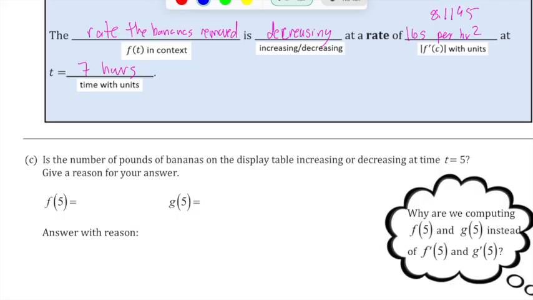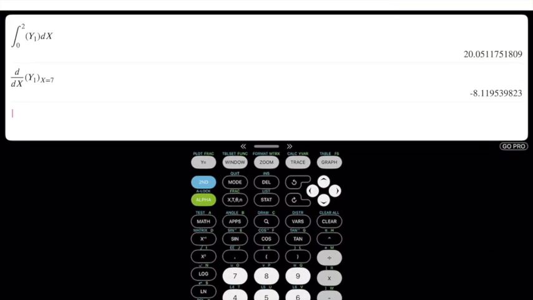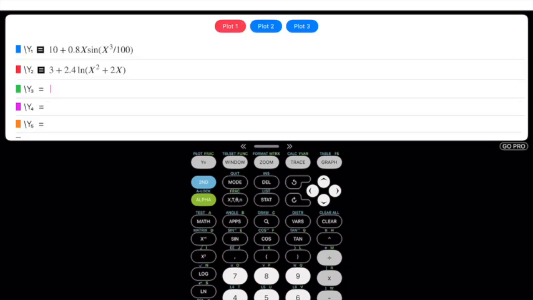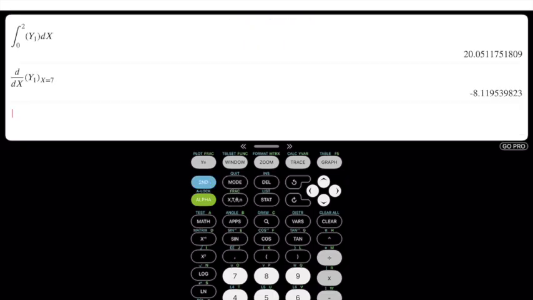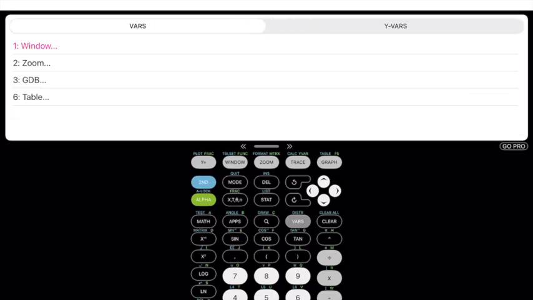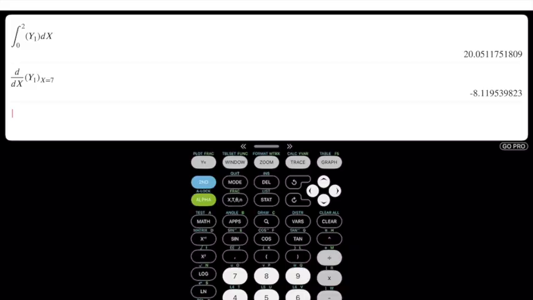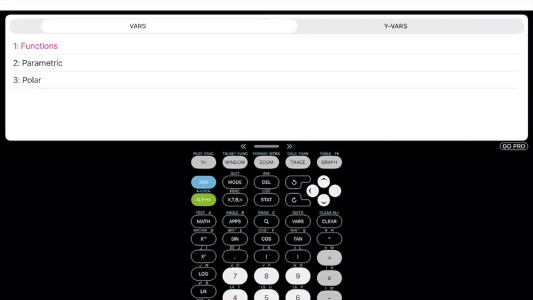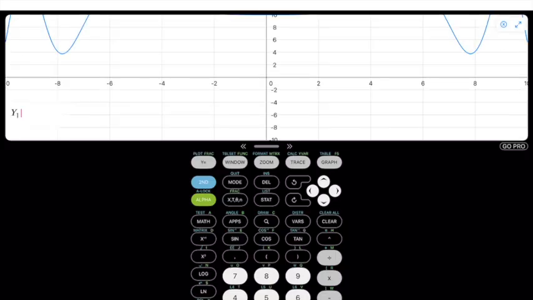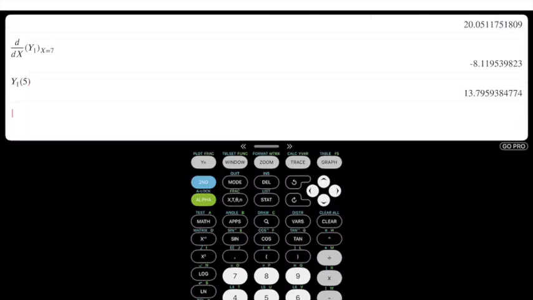So again, we're going to go back to our calculator. We're just going to plug in 5 for both the in and out function. We don't want to type in 5 to these. Since we already have them typed into our calculator, we're just going to go to variables, go to y1, and type in 5.